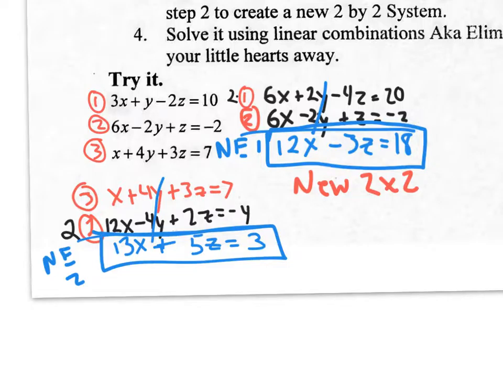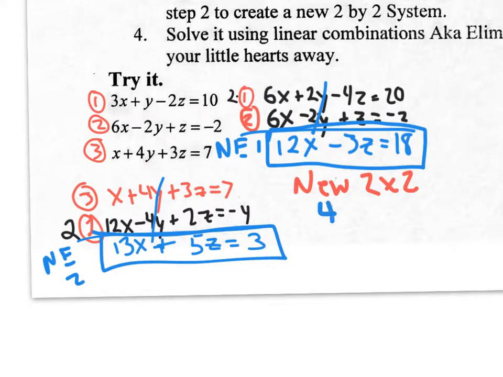Before I write my new system of equations, 2 by 2, notice that new equation 1 has a 12, a 3, and an 18. So they're all divisible by 3, right? So technically, our new equation number 1, let's divide it all by 3 to make it look nicer.